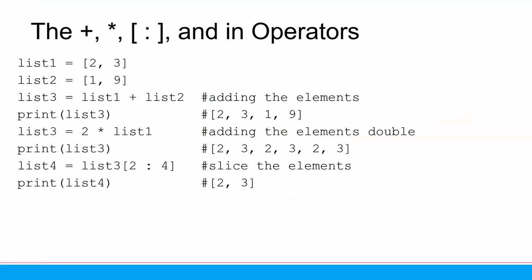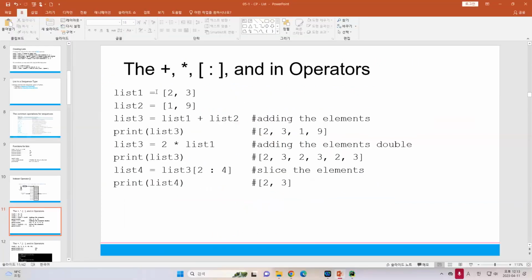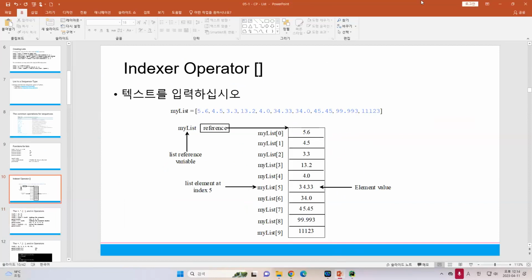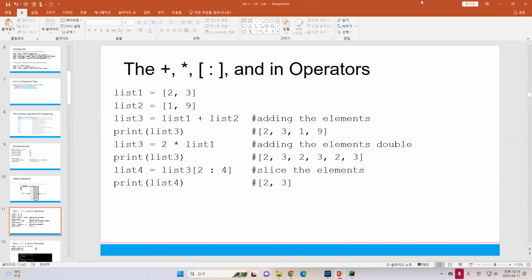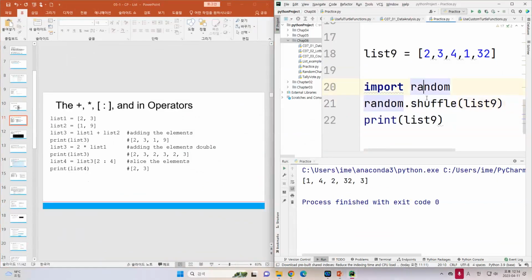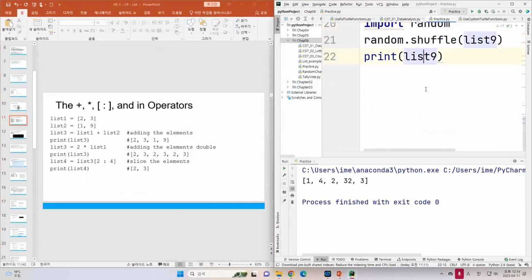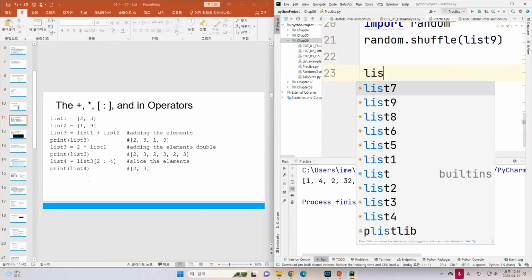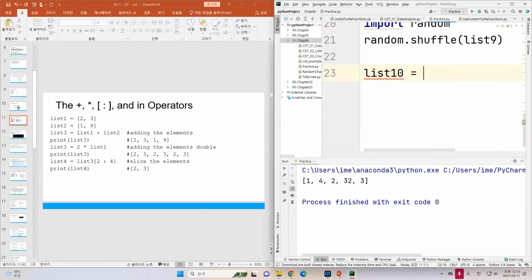We can do many other operations. Let's say I have list 10 with the numbers 2, 3.